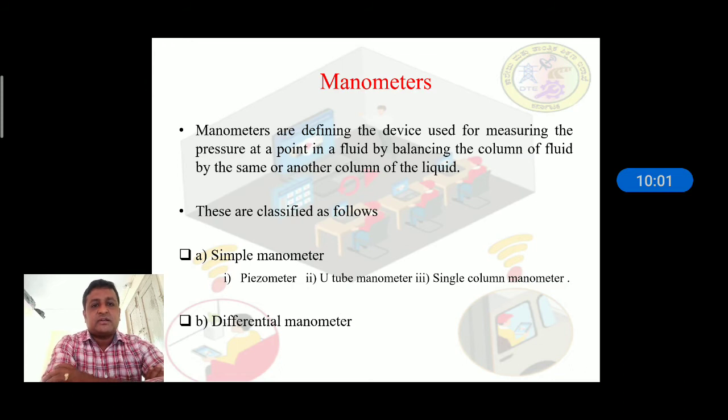The first is the simple manometer, the second is the differential manometer. The simple manometer has different types: piezometer, U-tube manometer, and single column manometer. The differential manometer has U-tube manometers with different columns.